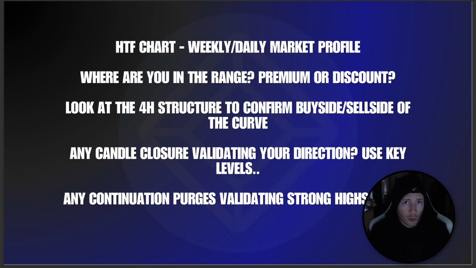If yes, did we already print a low risk sell or a low risk buy to look for another leg up or down? And then you're going to be looking for any candle closure indicating that it's validating your direction. And think about the bullish reversal or the bullish continuation or the bearish reversal or the bearish continuation. And then look for those continuation purges to validate your strong highs and lows.